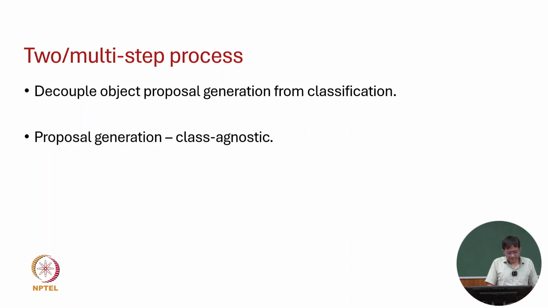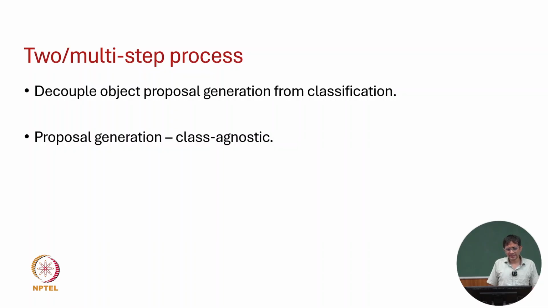Okay, so the RCNN is just like how I described this admission process to a master's by research program, where there is a first round of shortlisting and then a second round. Similarly, the RCNN is a two-step or multi-step process where the object proposal generation is decoupled from the classification itself.